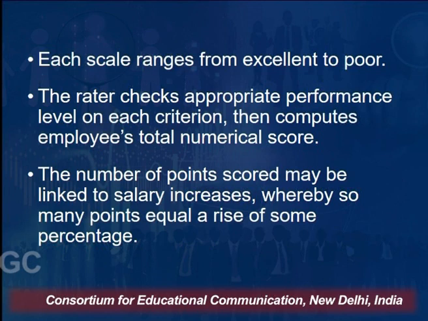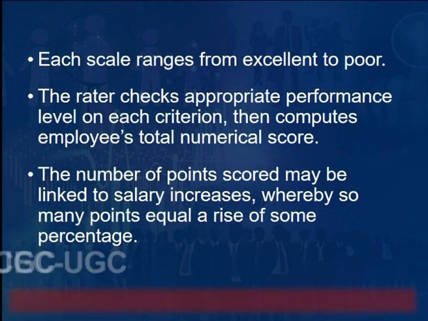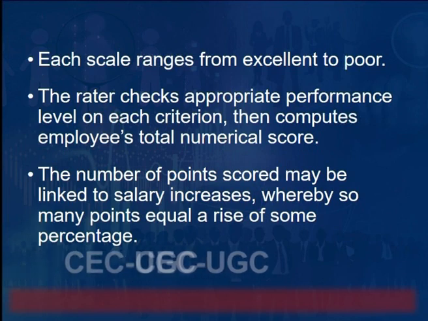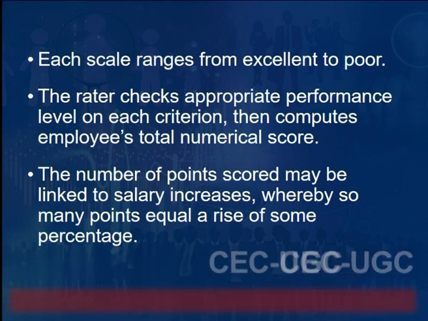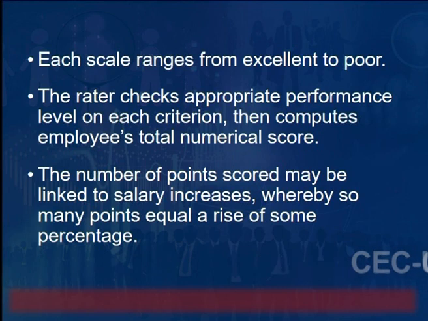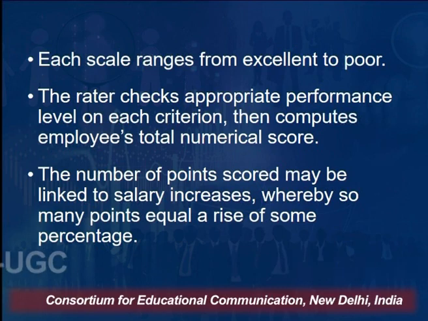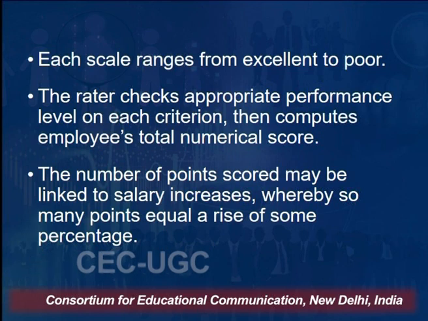So there are various categories, like it could be poor, it could be good, then very good, excellent, like that. And the rater checks the appropriate performance level on each criterion, then computes the employee's total numerical score. For example, how many excellents you have got, or how many poor you have got. That is how the scale is rated, and the number of points scored may be linked to salary increases, whereby so many points equal a rise of some percentage.